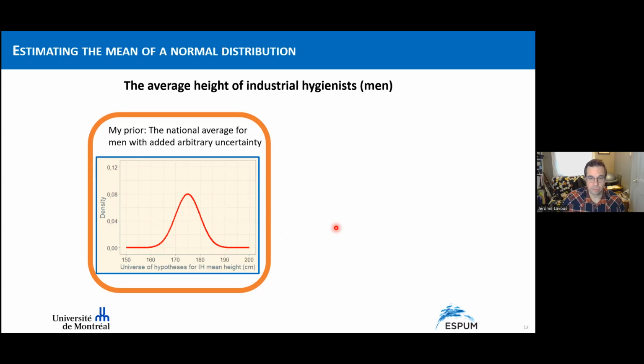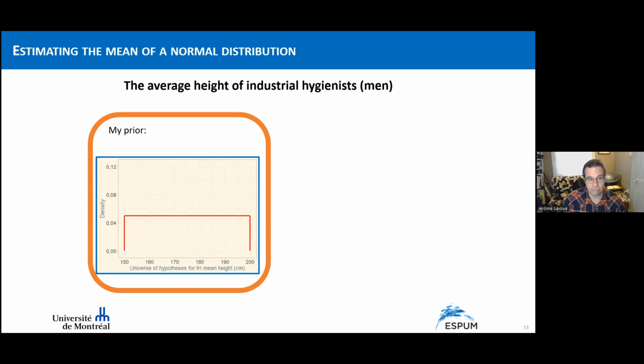To really underscore that this is my choice, I could have selected another type of information. In this case, I could have said, well, any value between 150 centimeters and 200 centimeters makes sense, and I have no reason to believe that any one of these values is more likely than the others for the average height of industrial hygienists. That could have been a choice.